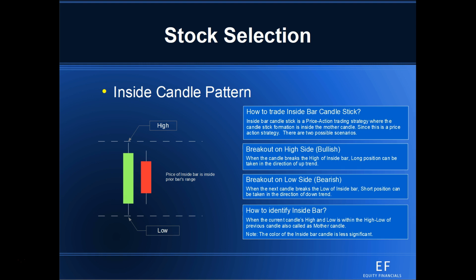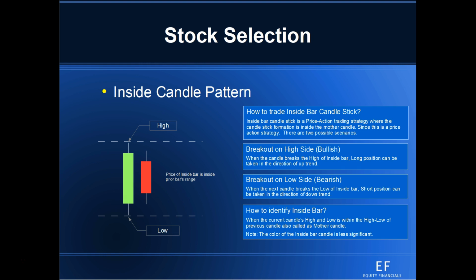Basically, if you look at this diagram here, the candlestick's high and low are inside the prior bar's range. If you look at this previous day candlestick, this is the high and this is the low.